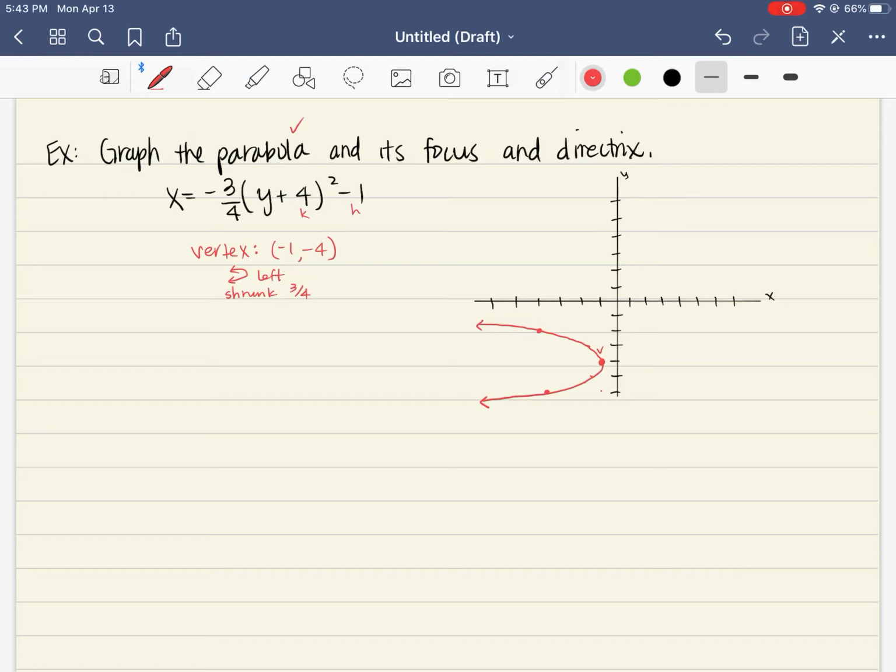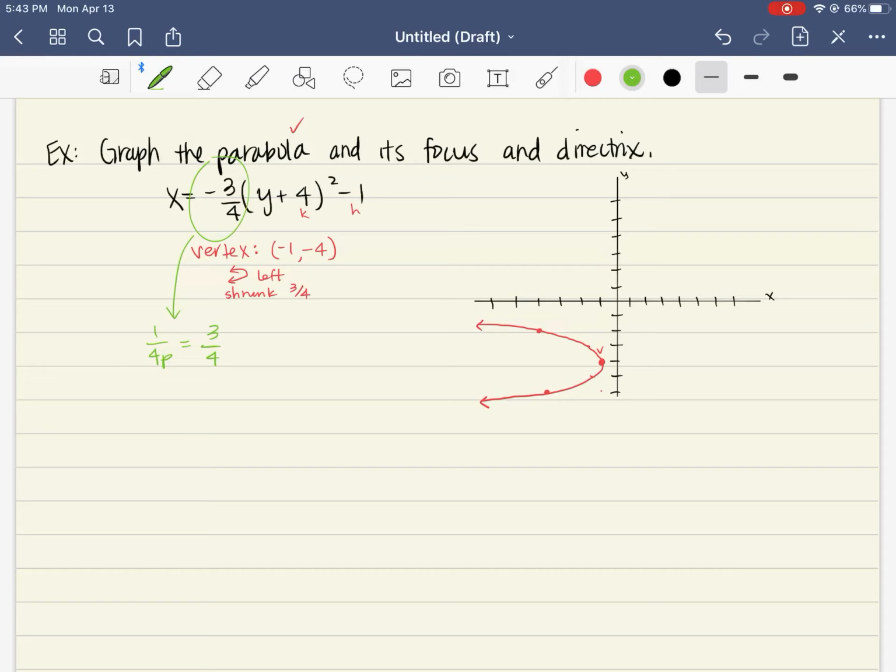Check, did that part. Now we just need to graph the focus and directrix. So we need to find that p-value so we know where to graph those. We know the focus is going to be in here somewhere, and the directrix will be over here somewhere. We just got to figure out where that is. So we take this front part to find that p-value: 1 over 4p, and we set it equal to 3/4.